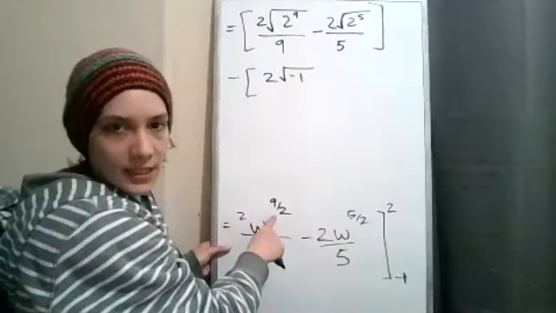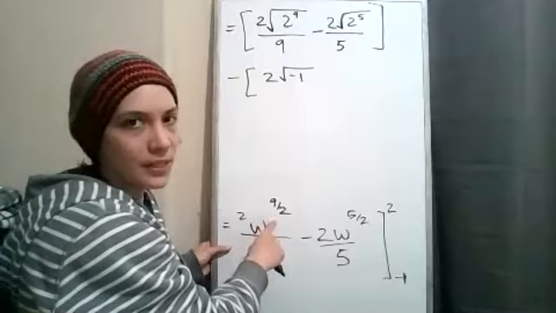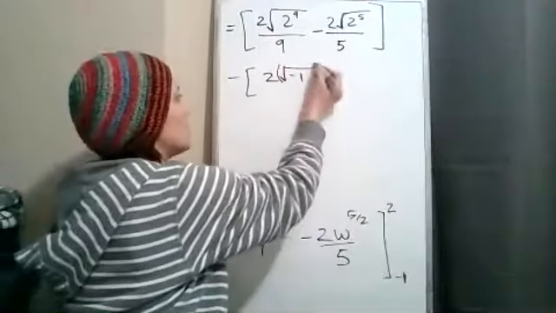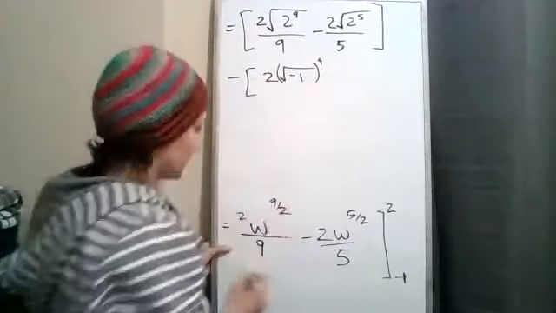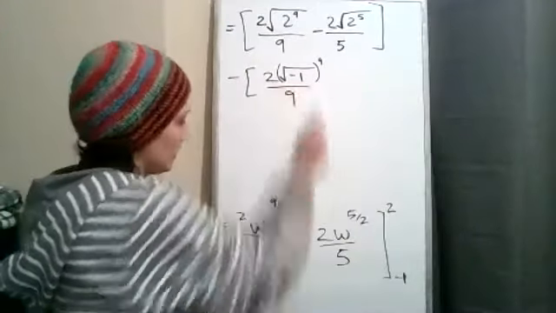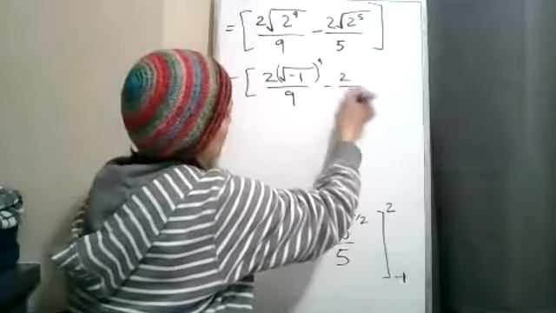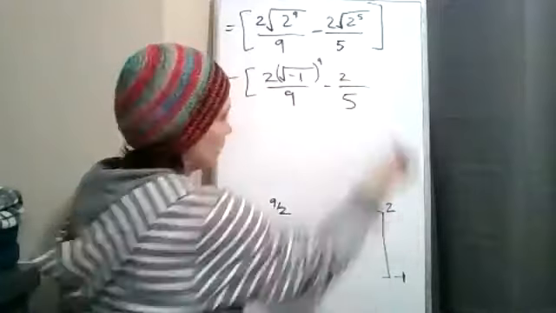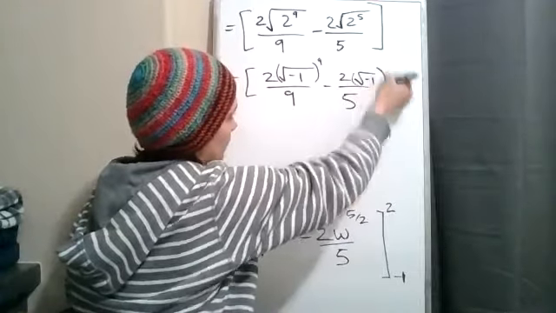And I'm going to put the 9/2 power on the outside this time. Square root of -1, and a power of 5.